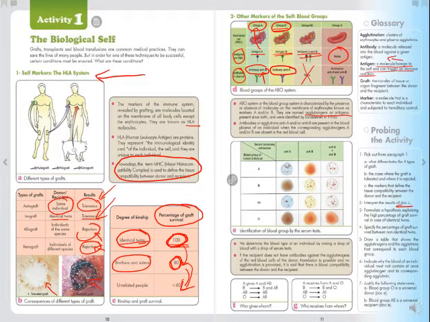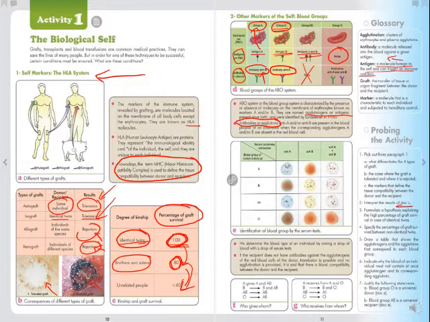They are present since birth and they were identified by Landsteiner in 1900. Antibodies or agglutinins: whenever you hear the word agglutinin, it means antibody. Anti-A and or anti-B are present in the blood plasma, where the corresponding agglutinogens are present in the red blood cells. So you have to know this note.